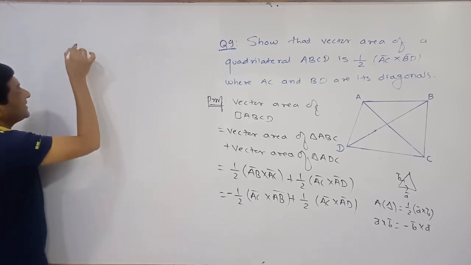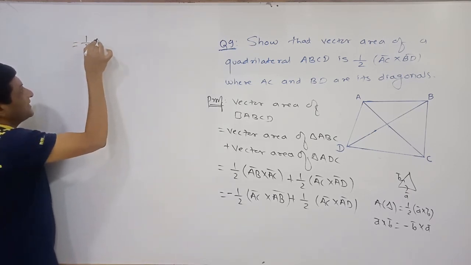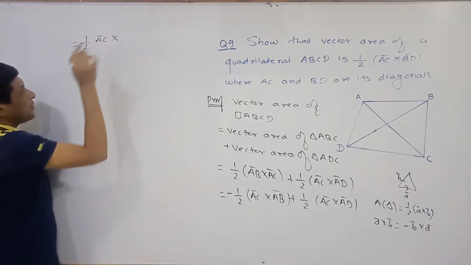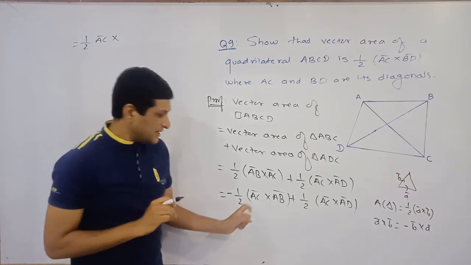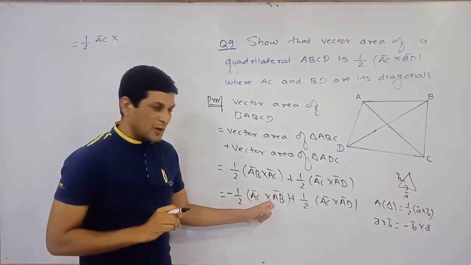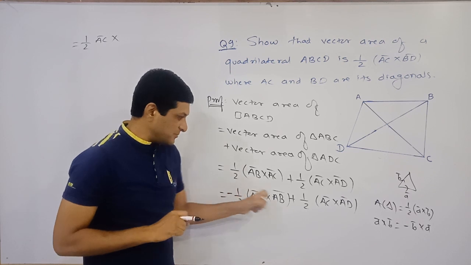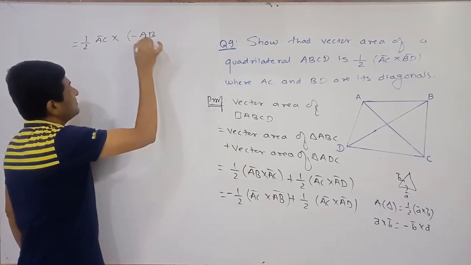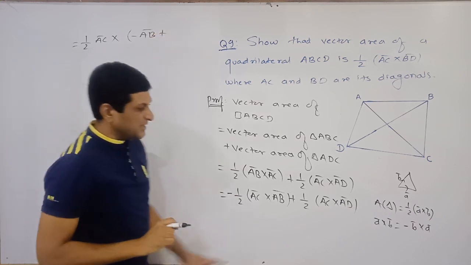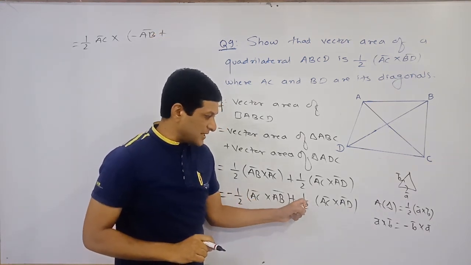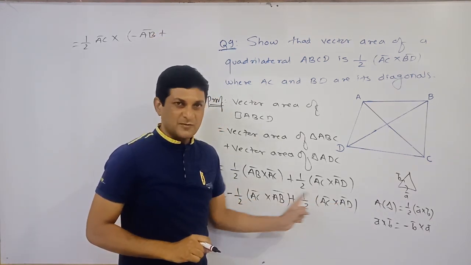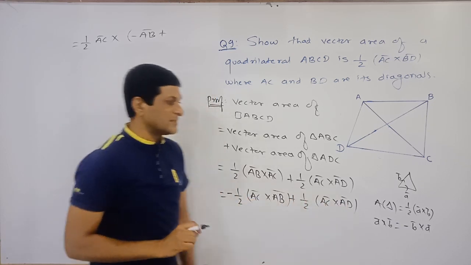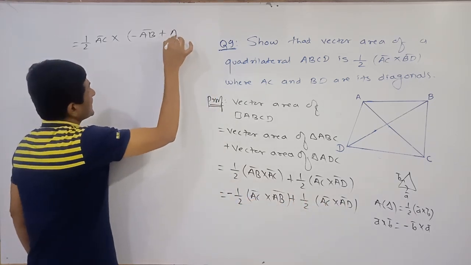From the first term, the remaining term is minus AB bar, plus, and from the second term the remaining term is AD bar.